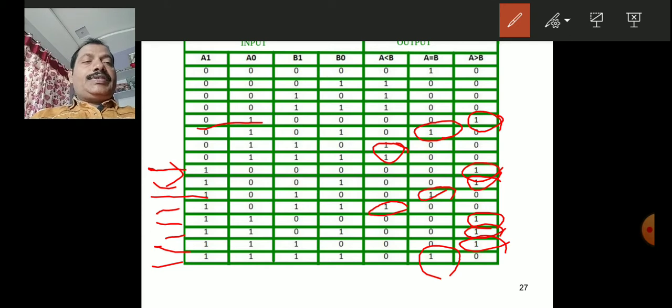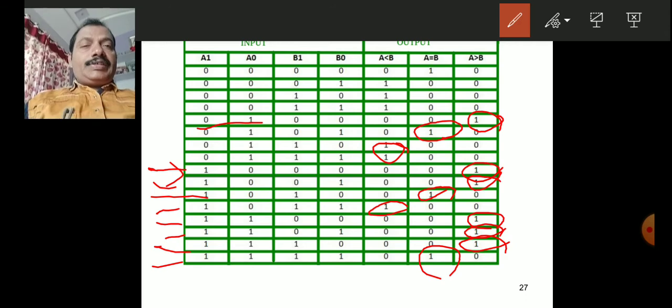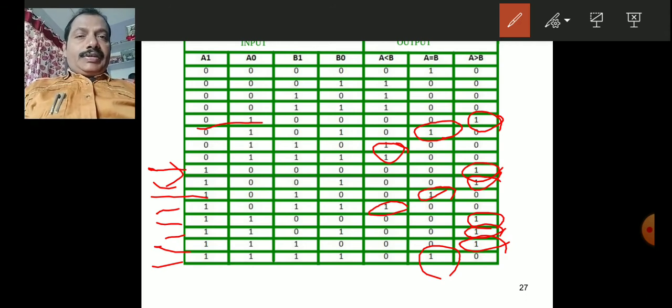So we have described the truth table functionality of the 2-bit comparator.